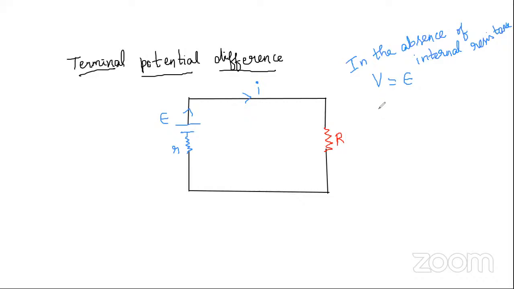But as I have told you already, the cell may not be able to supply the same EMF that is mentioned on the cell, because the internal resistance present inside the cell leads to loss of energy.